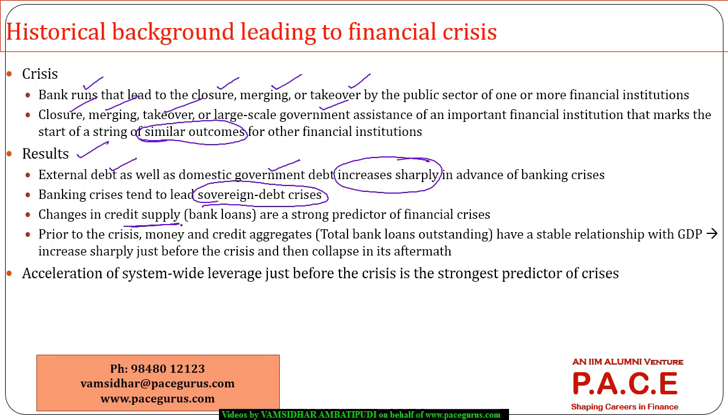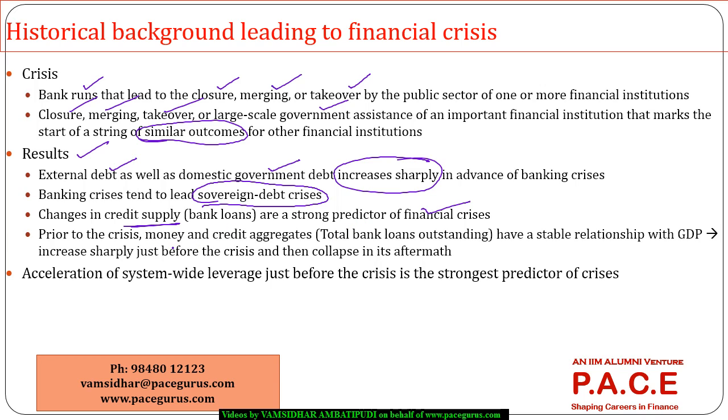And the changes in the credit supply, especially the bank loans, with banks not willing to give loans because of the fears they had regarding liquidity in the future. So the whole change in the credit supply indicated very strongly the upcoming financial crisis.